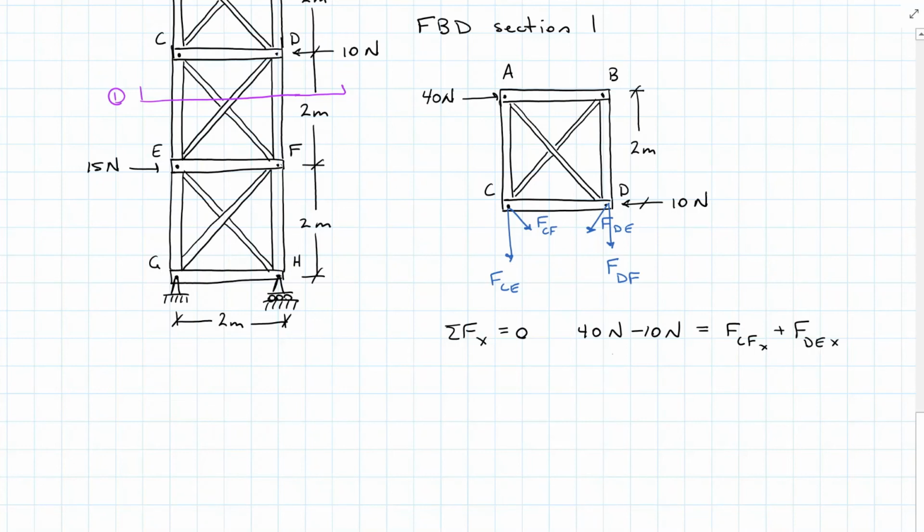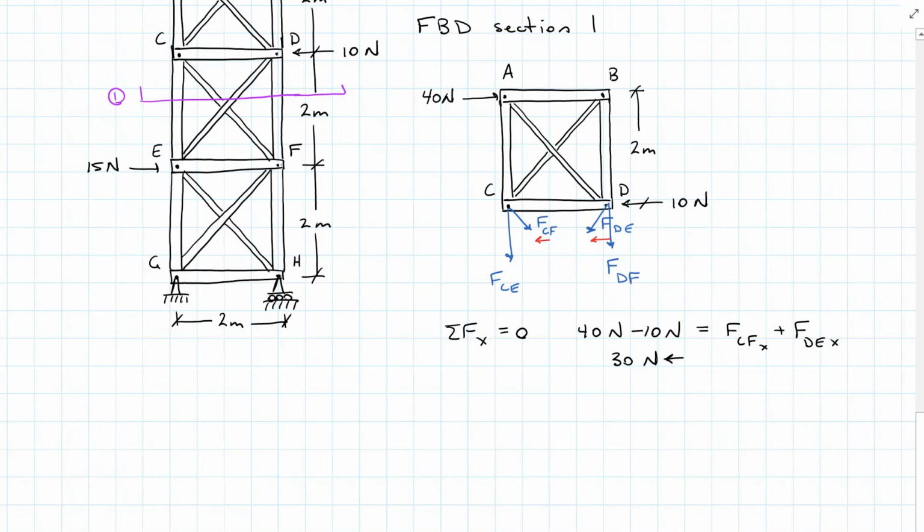So we've got 30 newtons to the left to compensate for the 30 newtons that were off to the right for our loads. So coming in here, I'm going to put to the left for CF and to the left for DE.